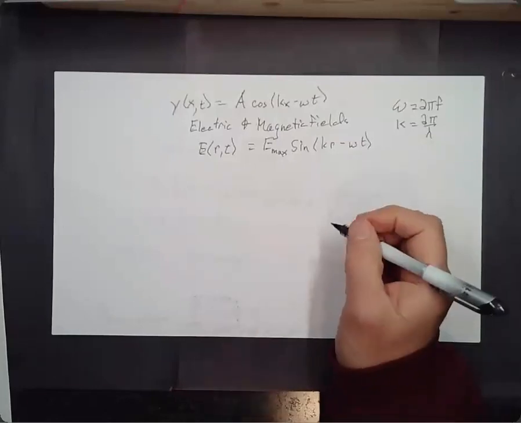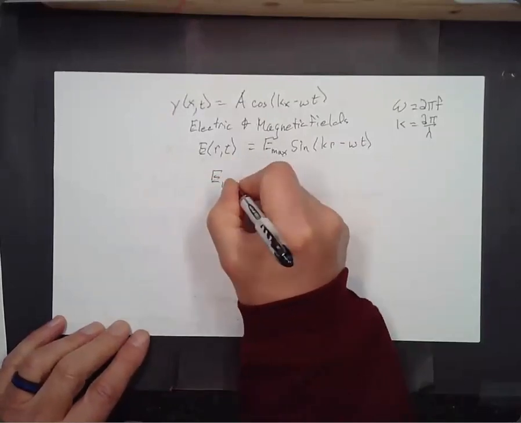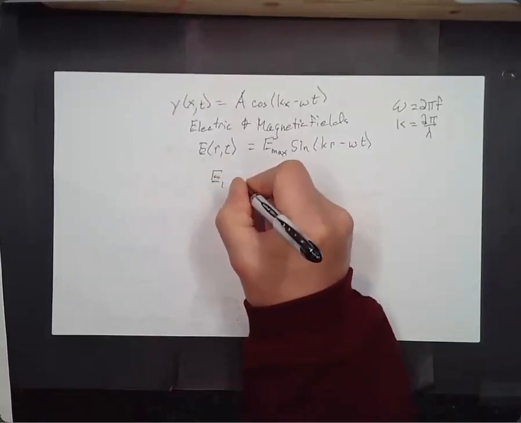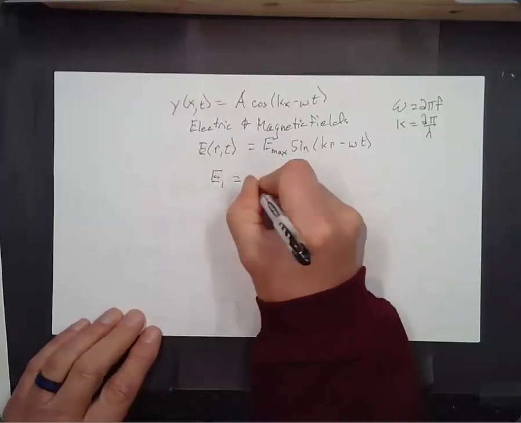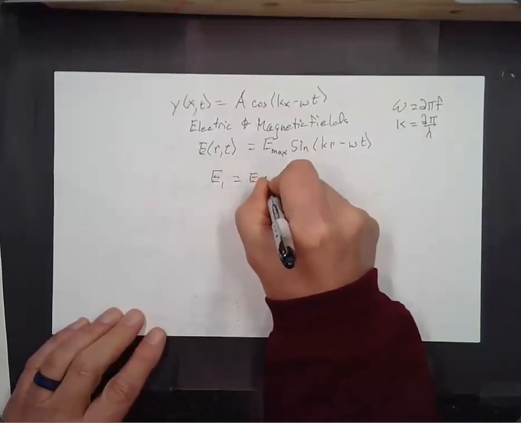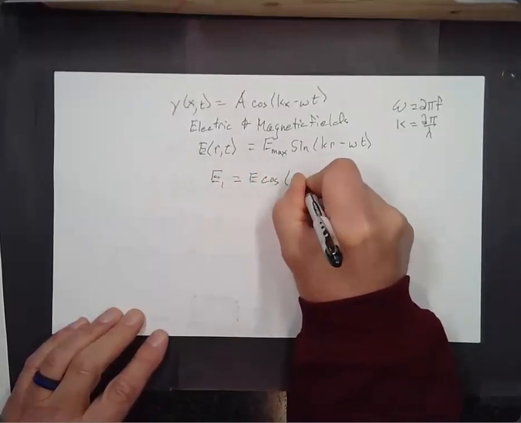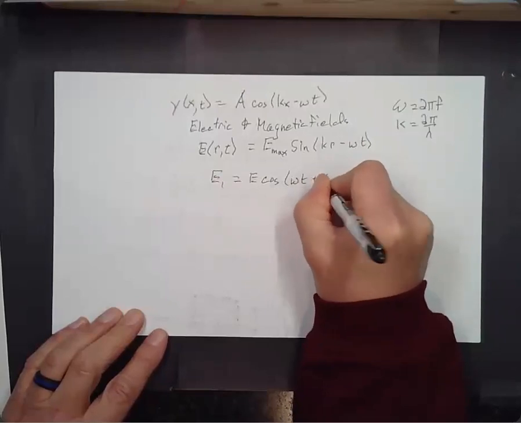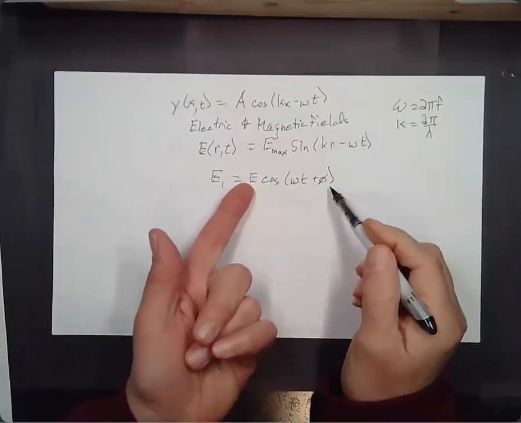Now, if we've got two sources of waves, we might have an E1, say, that looks like maybe some E cosine of omega t plus phi. We're going to pick some point in space where that's what it'll happen to have.